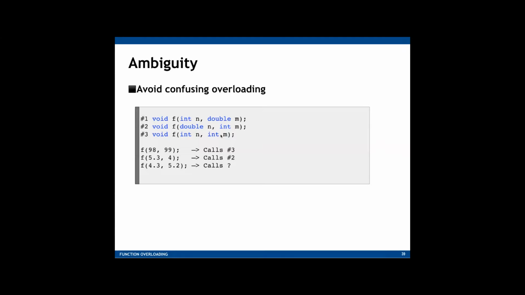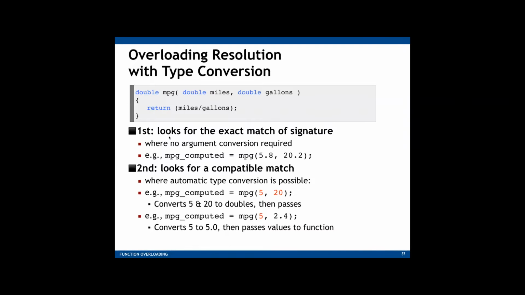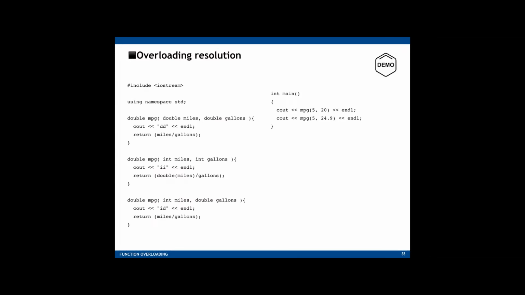So the compiler looks for a compatible match. If we go back a few slides, there are two rules for the compiler for selecting the right function. The first one is an exact match of signature, but there was no exact match. So the compiler looks for compatible types of functions where automatic type conversion is possible.